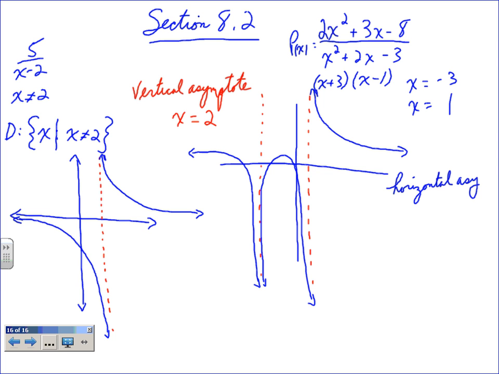If the degree of the numerator, let's take this first equation here, is less than the degree of the denominator, the degree on top is 0. The degree on the bottom is 2. The degree is less on top than it is on the bottom. Then your horizontal asymptote is at 0.